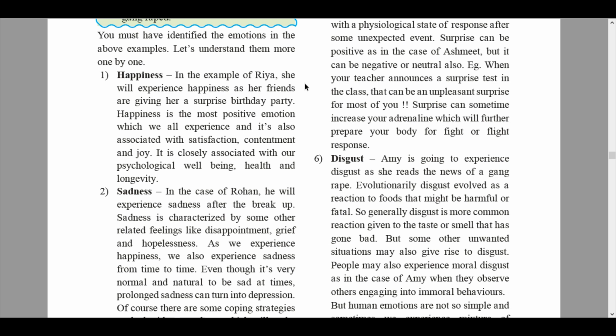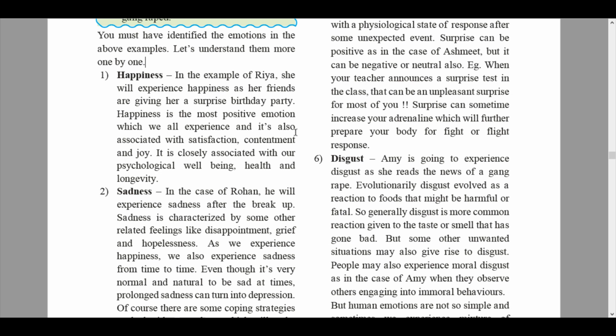Happiness is a primary, elementary emotion. As we learned in our previous paragraph, the two primary emotions are happiness and sadness.